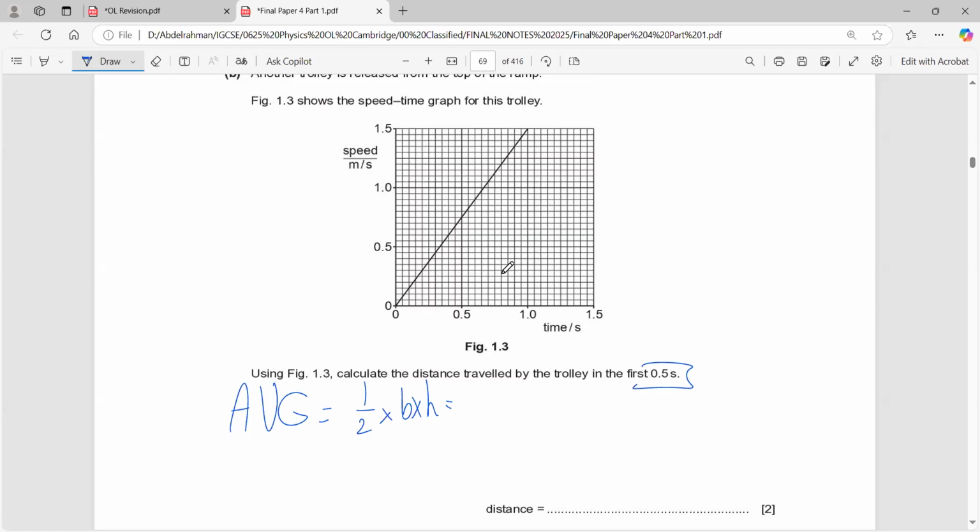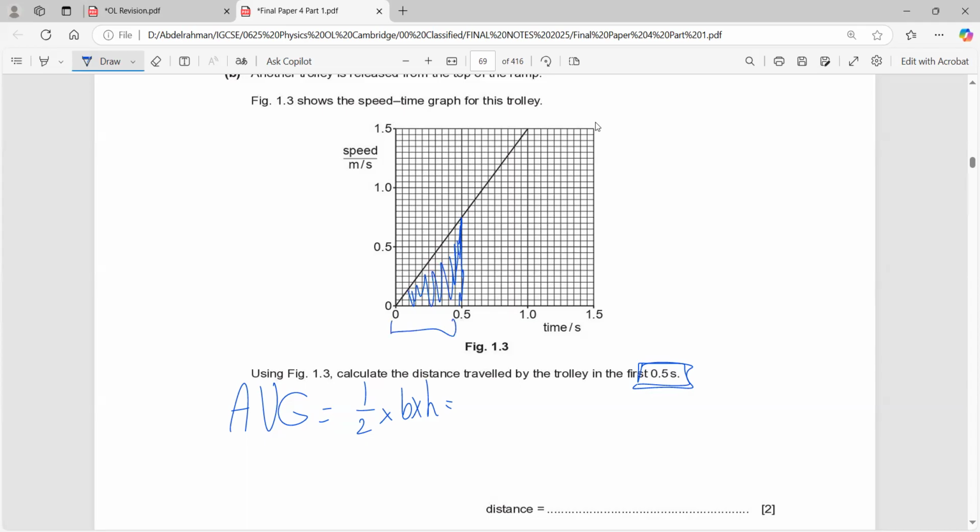لا. That's wrong. Why is it wrong? يا ده يا مستر هو الاريا 1.5. لا. And I said in the first what? In the first 0.5 seconds. يبقى انتوا you need only this part. You only need this part.